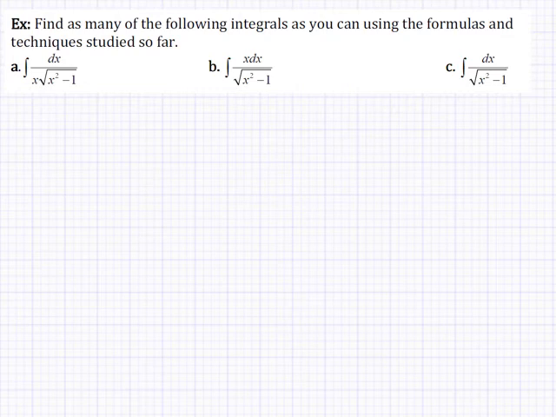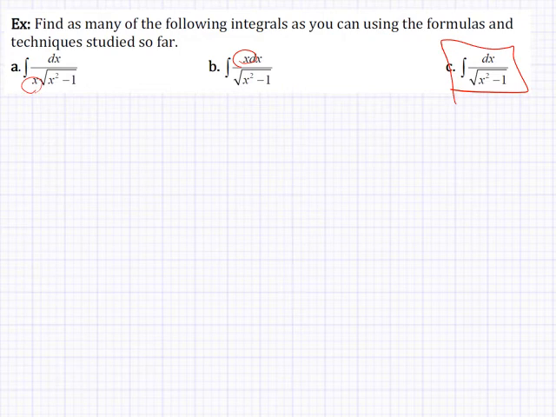Here are 3 integrals. They all look very similar, with slight tweaks. This has an x in the denominator. This has that same x but in the numerator. And this one removes the x altogether. Those slight differences make a huge difference in how we're going to integrate each one. And so when we try to integrate each of these functions, we need to think about all the things we've learned.